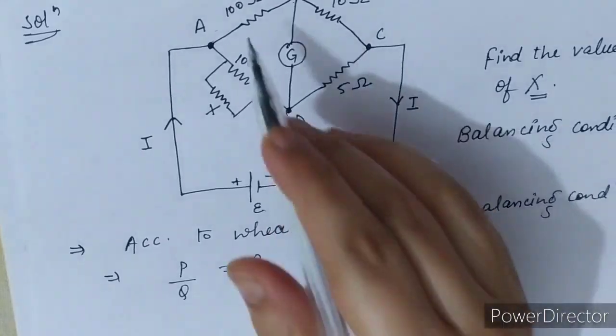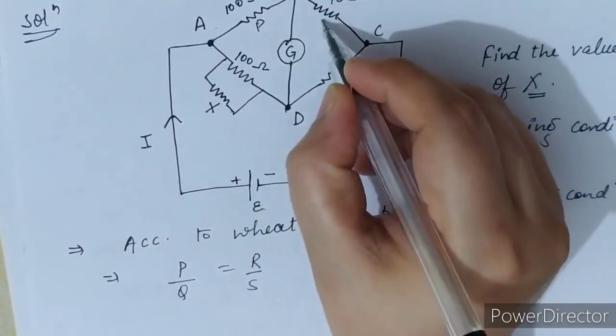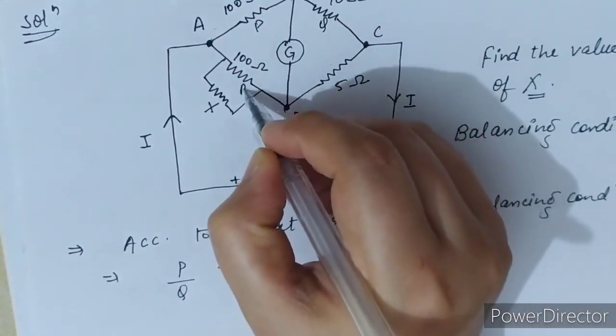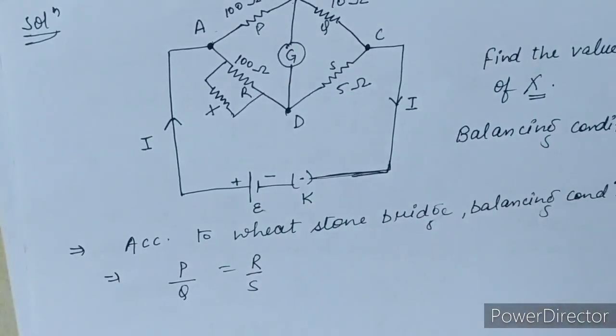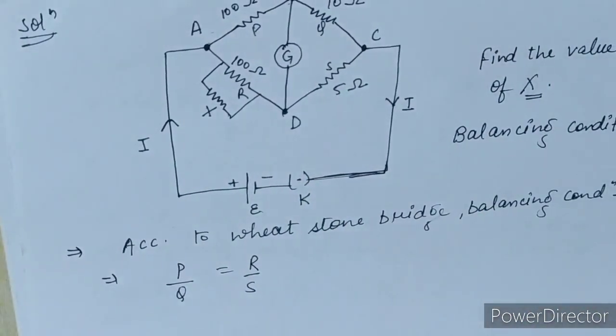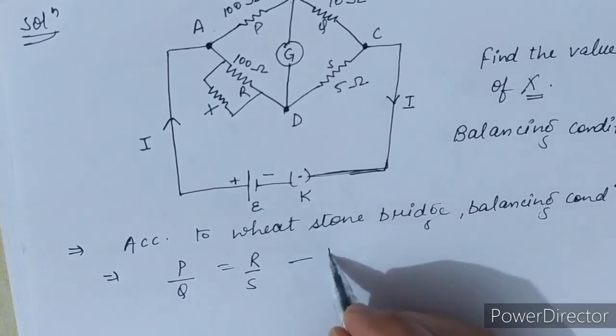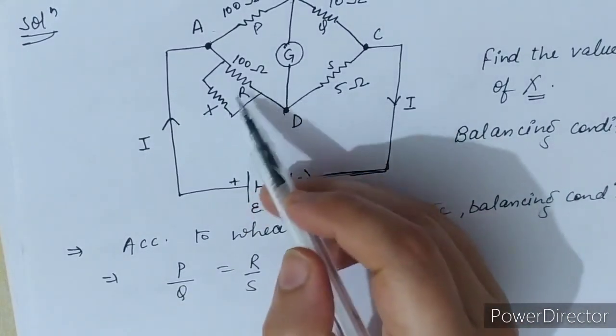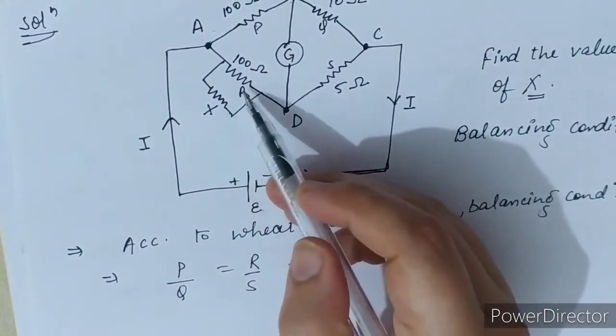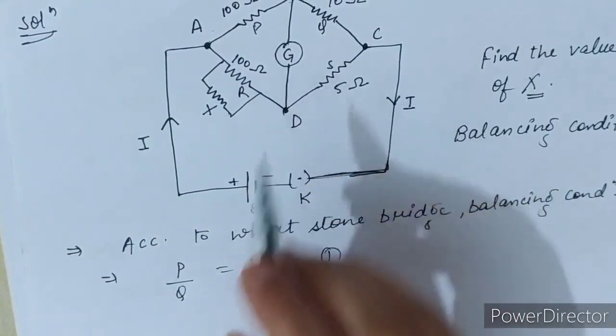Now this is your P, this is your Q, this one is your R, and this one is your S. Okay, so we have to apply this. First of all we have to resolve this R. Both are in a parallel combination.